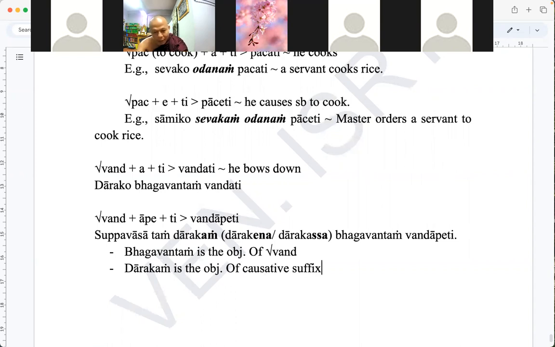In this way we can say that the object of the root should be immediately before the verb.